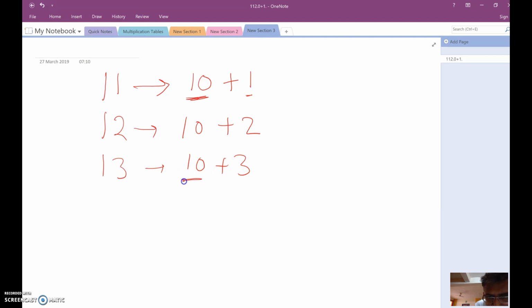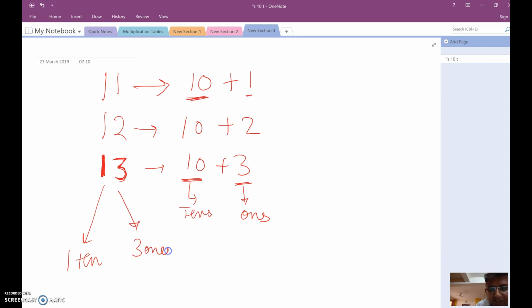So these are called tens and these are called ones. So in any number, if you see in 13, we are having 1 ten and 3 ones.